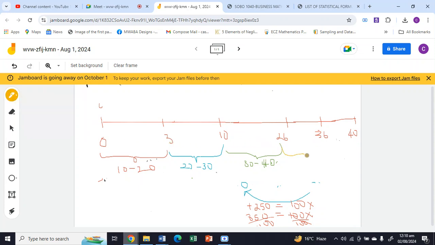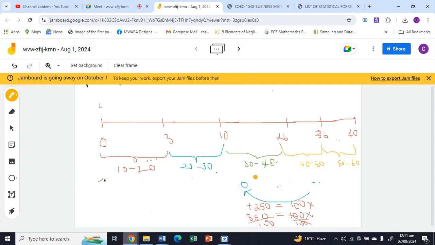Then from the 26th position to the 36th, that is 40 to 50. And then from the 36th position to the 40th position, that is the class from 50 to 60.